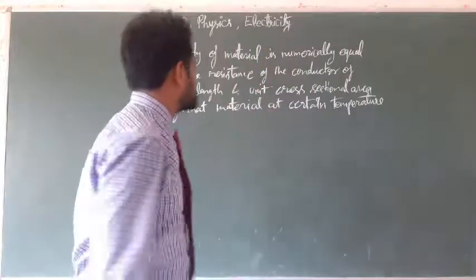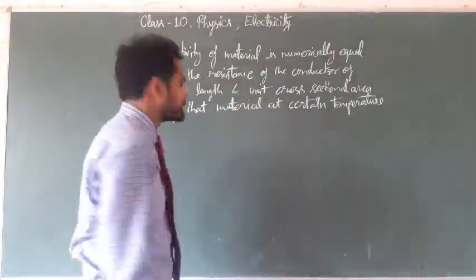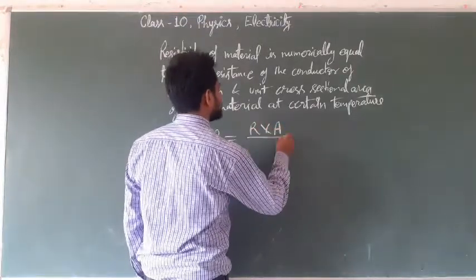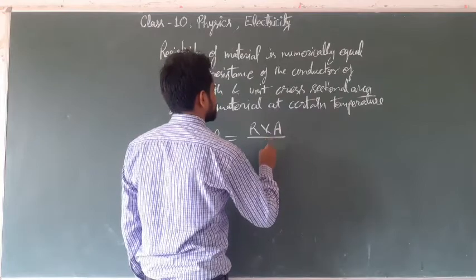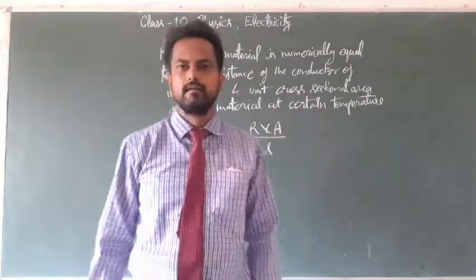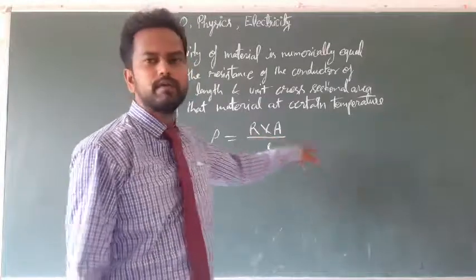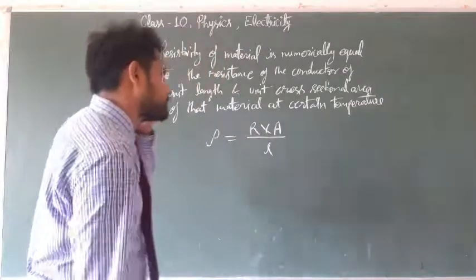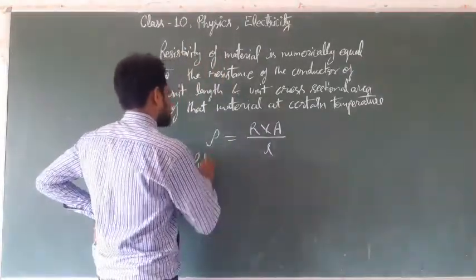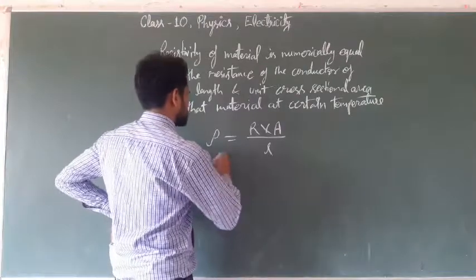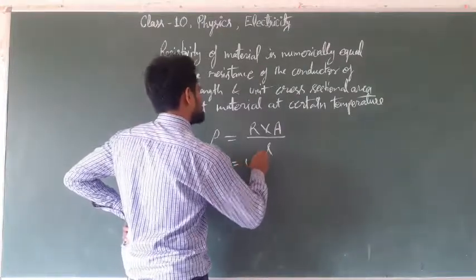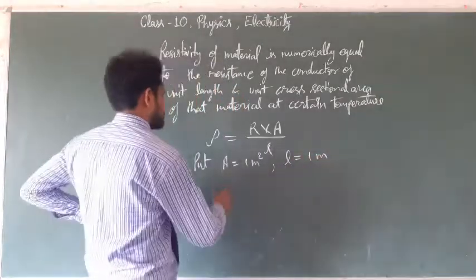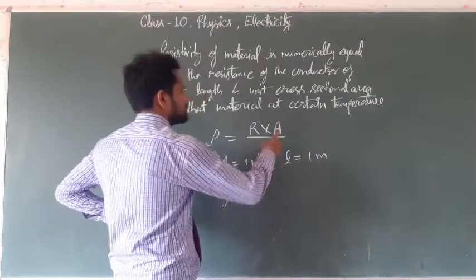Got it? Suppose we know that rho is equal to R into A by L. If we take unit cross sectional area of material, it means put A equal to 1 meter square and L equal to 1 meter, then we get rho is equal to R into 1 by 1.